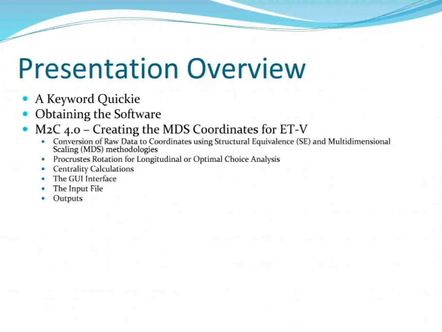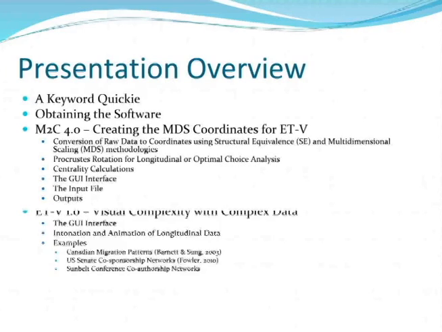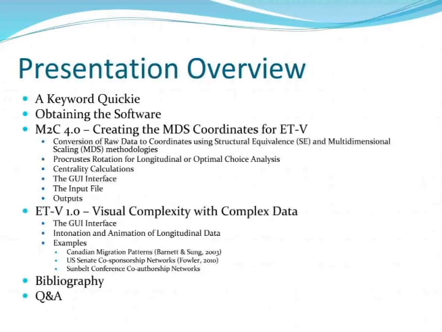I'll warn you now, the first section, conversion of raw data, and the second section about Procrustes rotation are about as mathematical as this is going to get. After that, it's going to get more graphical and more fun. From there, we'll talk a little bit about the visualizer. I'll show you a brief interface graphic, we'll talk about the examples, and then we'll get right into it. Finally, I'll show you a bibliography, and we'll have some Q&A.